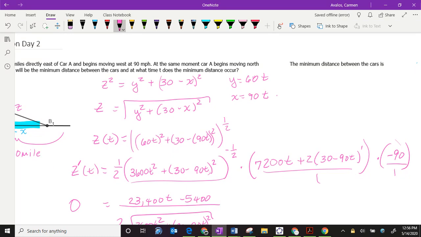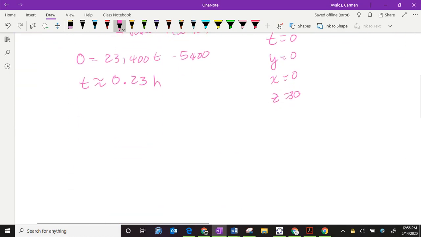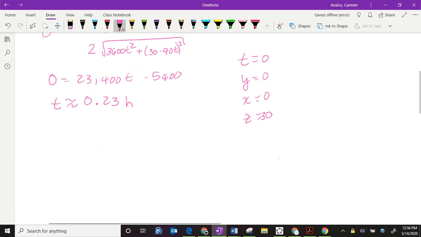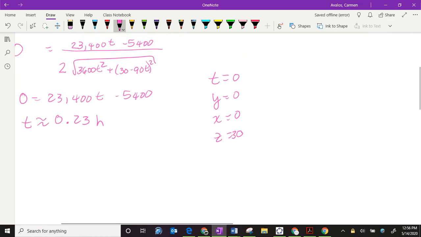So that's what we know that z is going to be. 0, 0, 30 is left over. Okay, so we get z is equal to 30. And then we know that when t is approximately 0.23, that's going to be the shortest distance between them at this time.